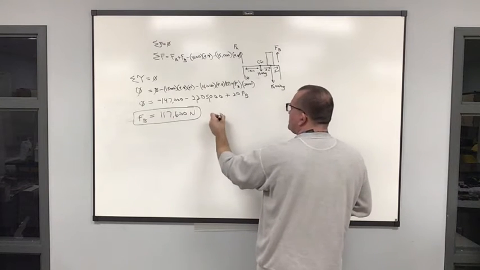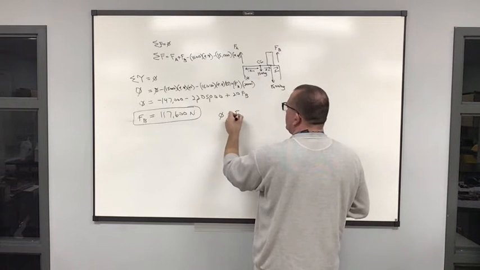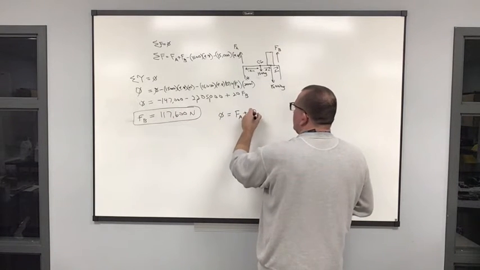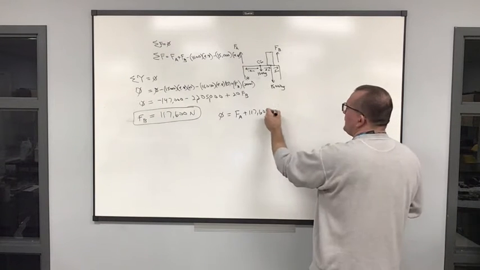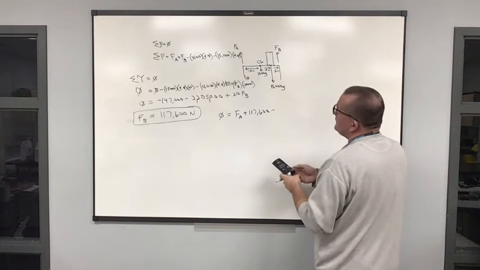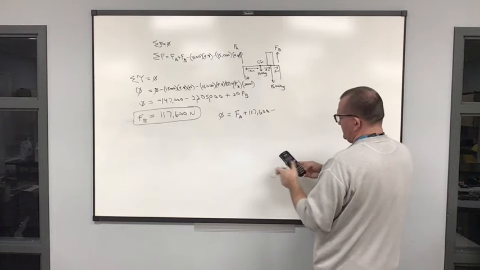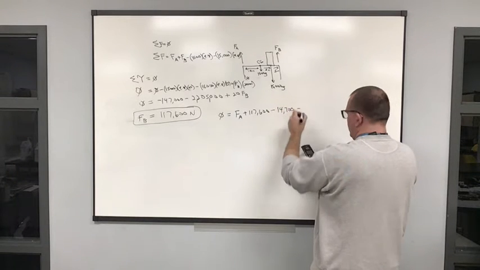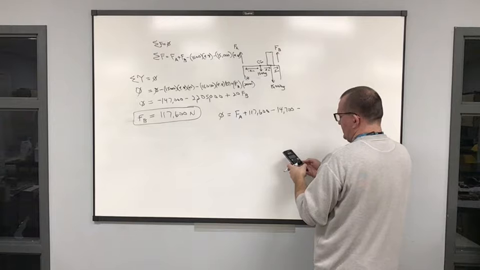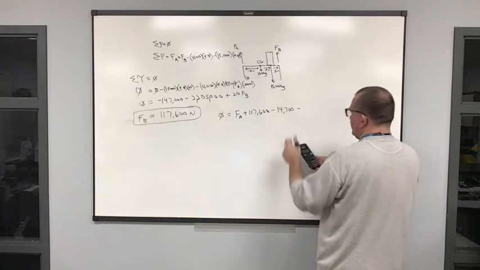So I'm going to bring this equation down here equal to 0: force A plus 117,600 minus 1,500 times 9.8 minus 15,000 times 9.8.